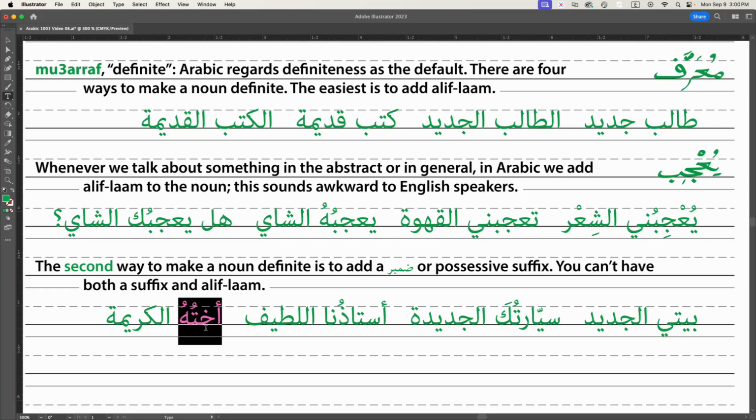Ukhtuhu, so an ukht is a sister, and then ho is his at the end here. So ukhtuhu, his sister. And then because she's a woman, we need to describe her using ta marbuta. And because she's definite, because she effectively belongs to him here, we have to put alif lam on the adjective. And then we have the adjective karim. Karim is a great virtue in Arabic cultures.